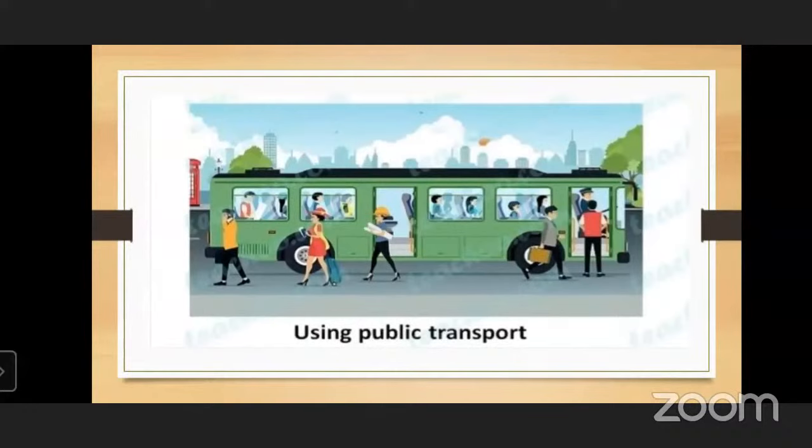Next is using public transport. What do you mean by public transport? Using public transport means that it is not our personal transport. On public transport there are so many people. Yes, that is the right point.